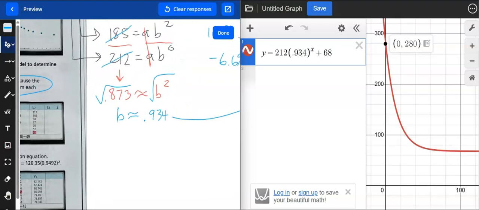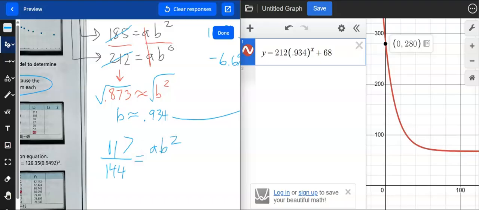So if we had subtracted 68, let's just redo that quickly here. 185 minus 68 would have given us 117. 212 minus 68 would have given us 144.